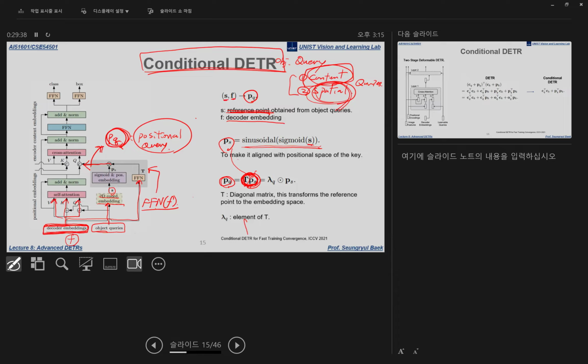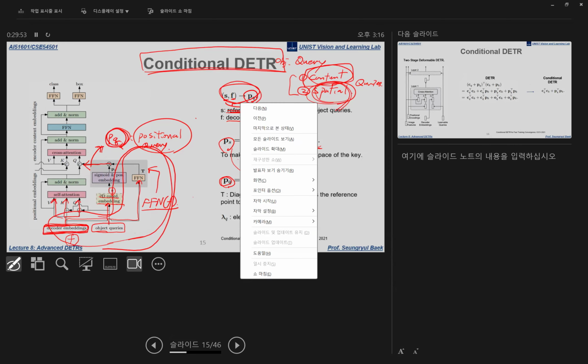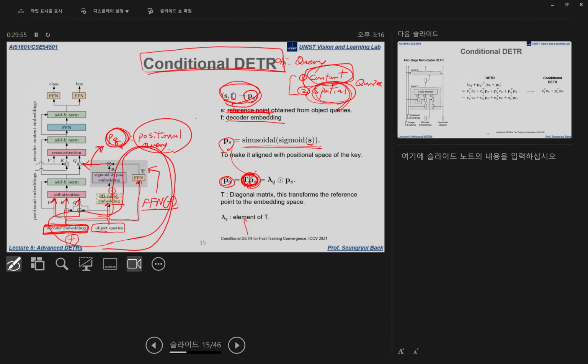Even though this is quite complex, this is how the authors of this paper implement this part. Any other variant could be there. The important thing to note here is that there is a content query, which is from the F, and a partial query coming from the S signal, and we are estimating the positional query by combining two pieces of information.